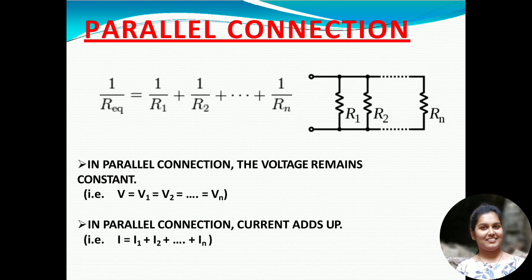So current will be adding up and the voltage will be the same. Based upon these 2 points, from Ohm's law we can derive that 1 by R equivalent is equal to 1 by R1 plus 1 by R2 up to 1 by Rn. So this is all about the parallel connection of resistors.